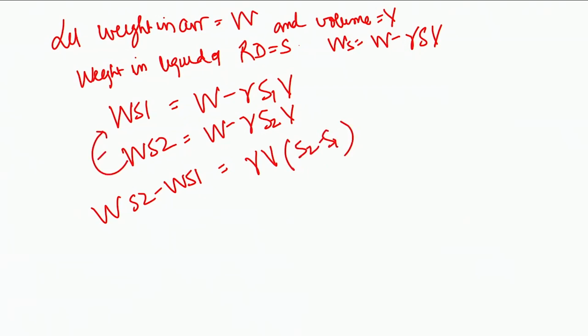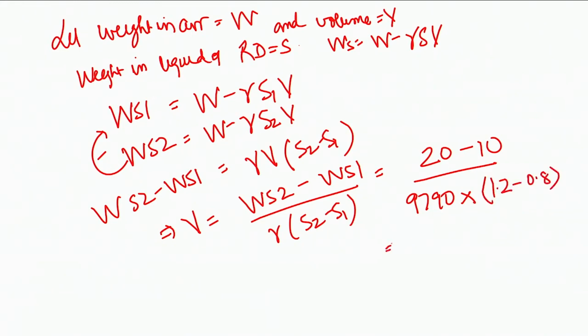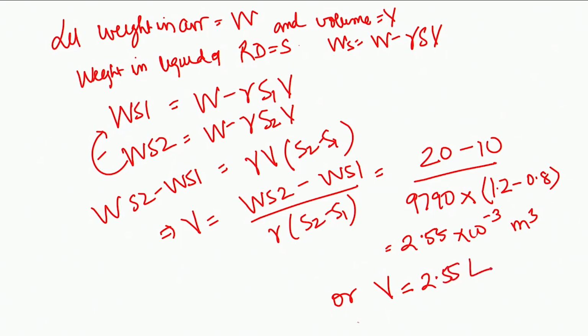Okay, and therefore we can get V is equal to Ws2 minus Ws1 divided by gamma (S2 minus S1), and we can simply substitute the values. 20 minus 10 in our case, gamma we already know, 9790, into S2 minus S1, which is 1.2 minus 0.8, and this comes out to be 2.55 into 10 to the power minus 3 meter cube, or the volume in liters can be written as 2.55 liters.